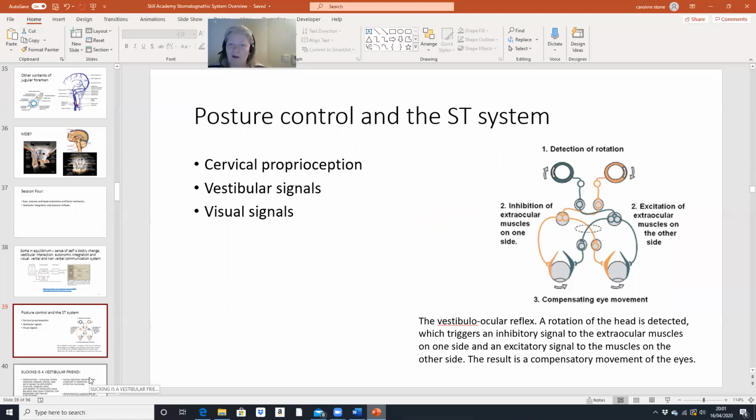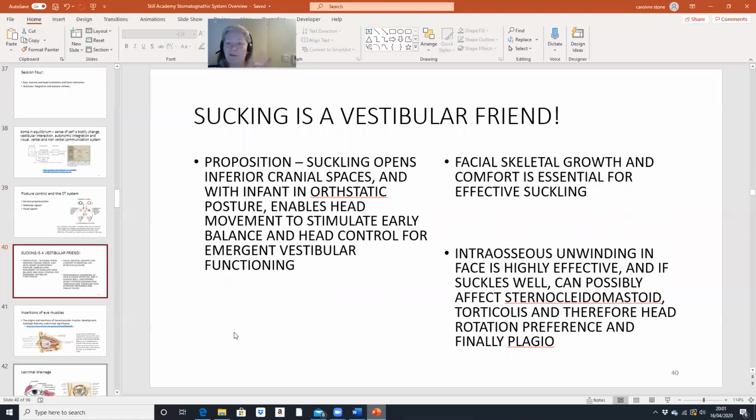But we also recognize that you need to hierarchically develop your nervous system, and we do begin to, as I say, look at these from a primitive reflex integration point of view, and we point out that things like suckling is a vestibular friend. So given the way that the babies may or may not be able to suckle and develop, may well already be priming asymmetrically their vestibular dynamics.